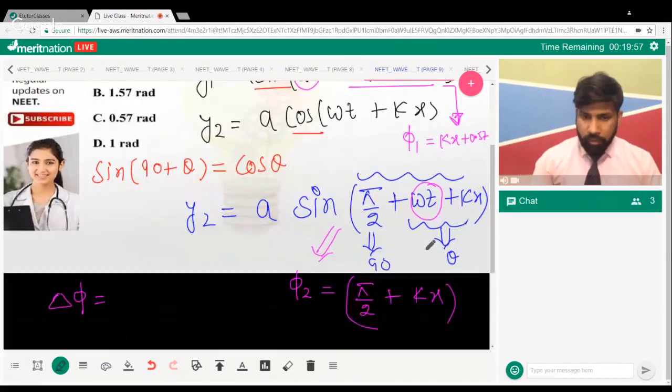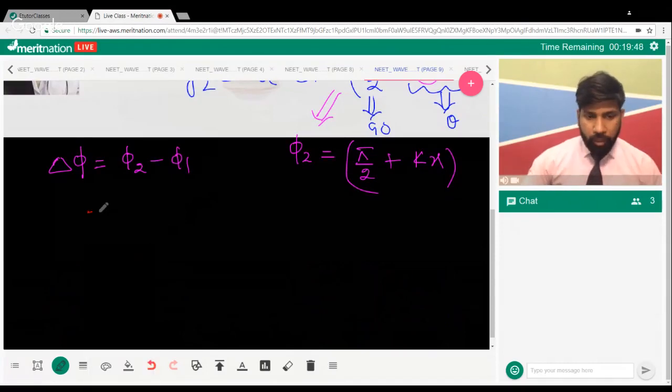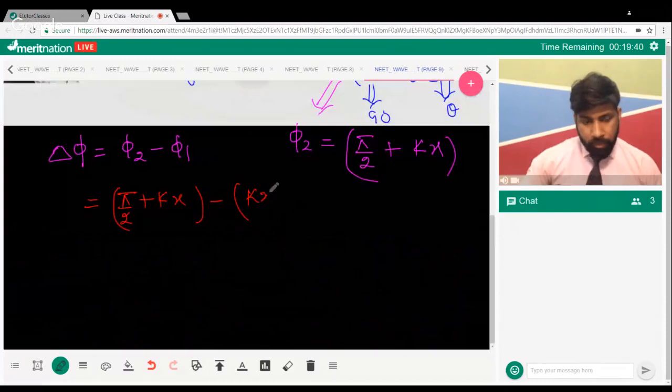Now we need to find out delta phi, the phase difference, which is equal to phi 2 minus phi 1. Just put the values of phi 2 and phi 1 here. So pi by 2 plus kx minus (kx plus 0.57). Now we can change the sign: pi by 2 plus kx minus kx minus 0.57.